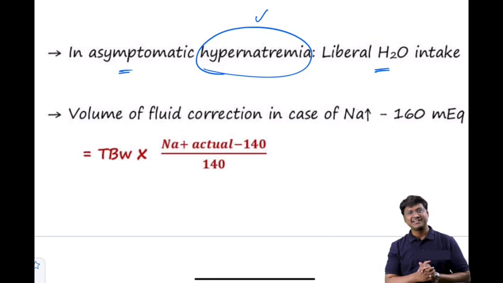But how much water should you give? The volume of fluid correction in hypernatremia is total body water multiplied by actual sodium minus 140, divided by 140. I'll give you an example.